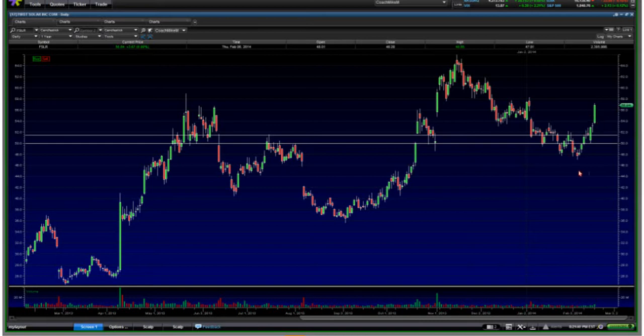But once a higher high is made, you've got a new stop point. So as my stop out point moves higher, what can I say about my risk? Gets lower, right? Which allows me to then put more money into it.